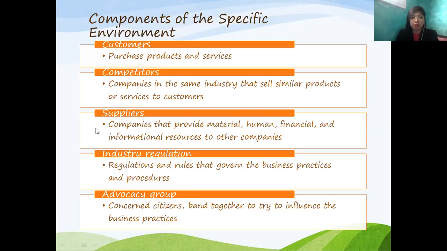Suppliers are the companies that provide material, human, financial, and informational resources to the companies. Industry regulations are rules that govern business practices and procedures. And advocacy groups are concerned citizens that band together to try to influence business practices.